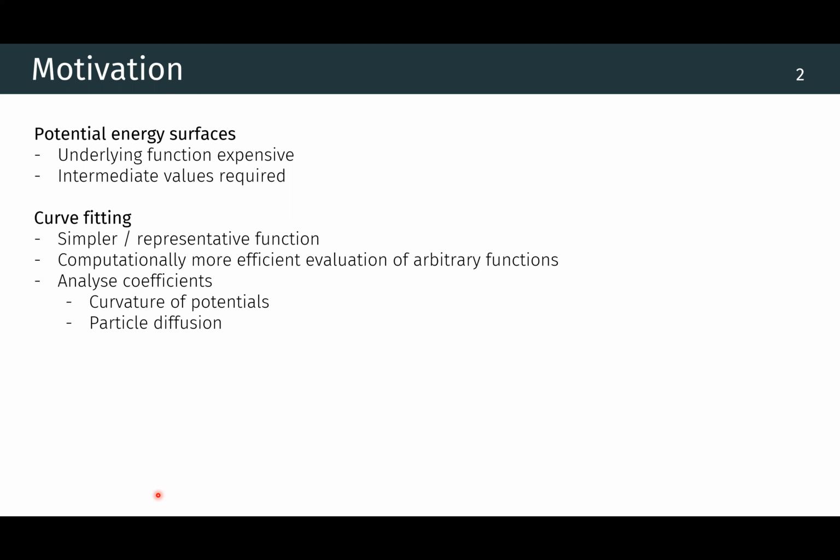Another reason why you might use the interpolation method is if you need to evaluate a function very often that in fact is expensive to calculate, but you still need it frequently.